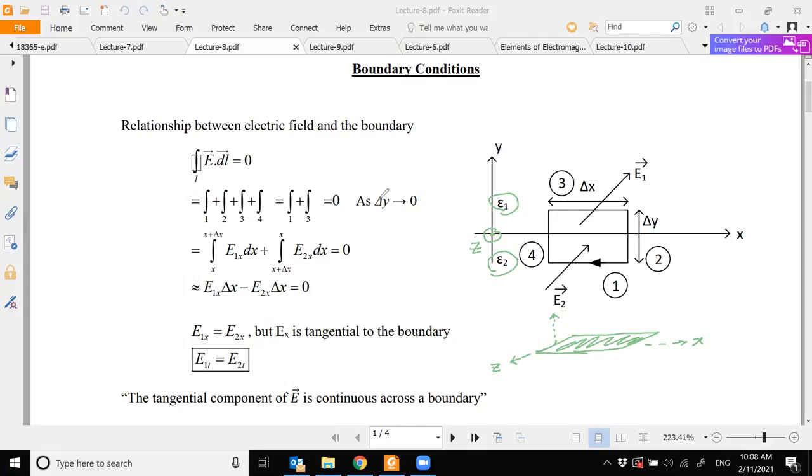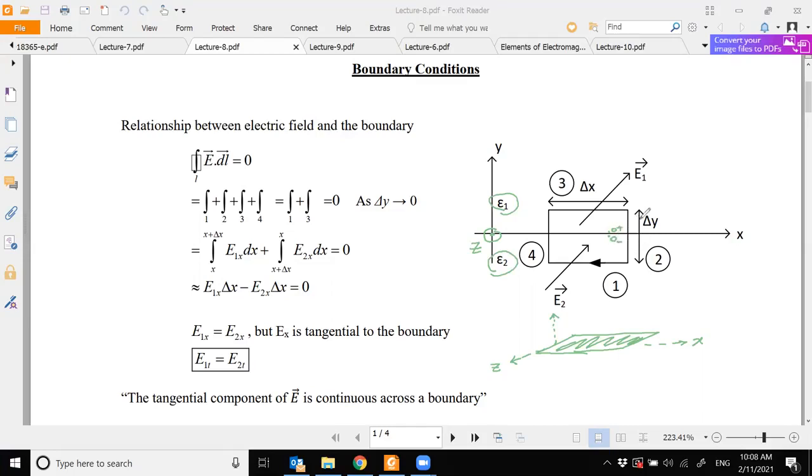Once we have these 4 lines, we want to look at the boundary, right? That means just above and just below. So if this is y is equal to 0, this is 0 plus, and this is 0 minus.